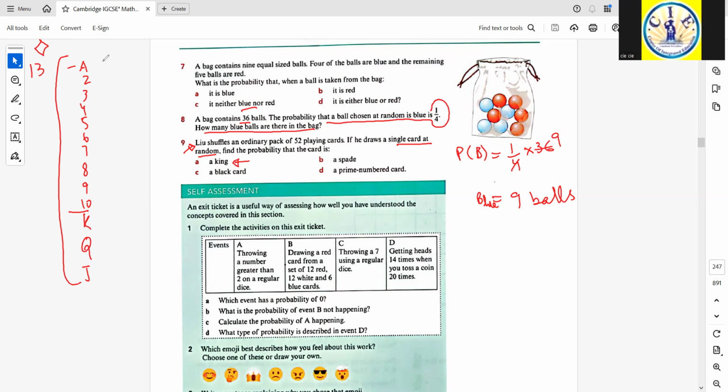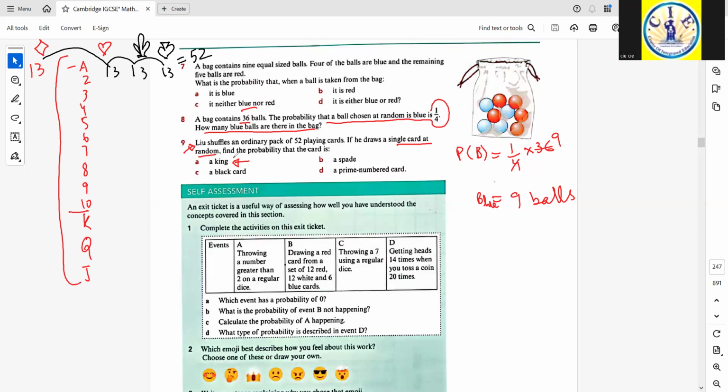Similarly, we have got the same 13 cards for hearts, and then for spades, and then for this. So 13 for this, 13 for this, 13 for this. So that makes it 13 plus 13 plus 13 plus 13, that is 52 playing cards.